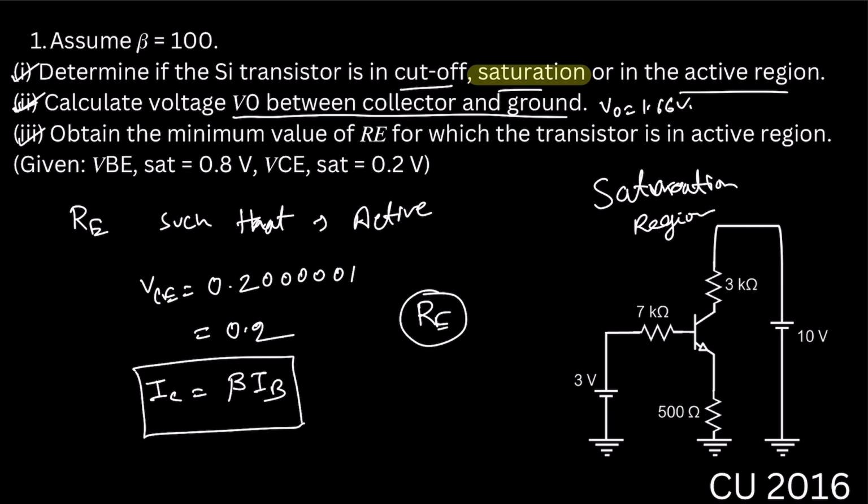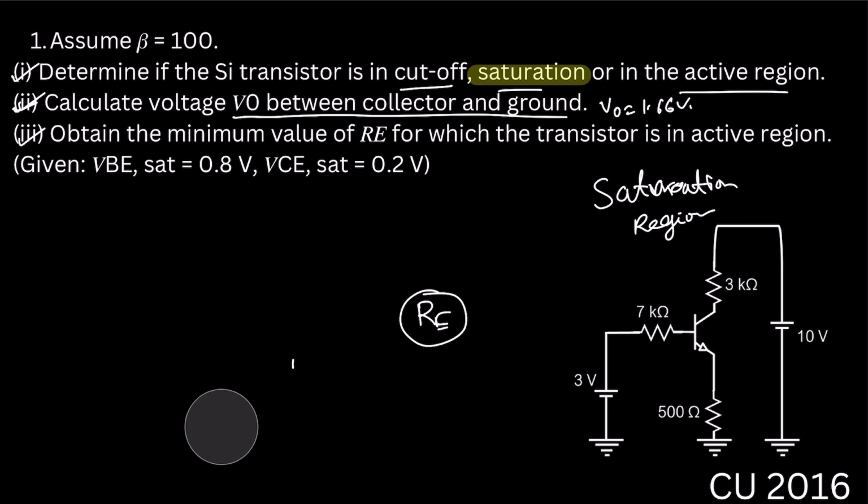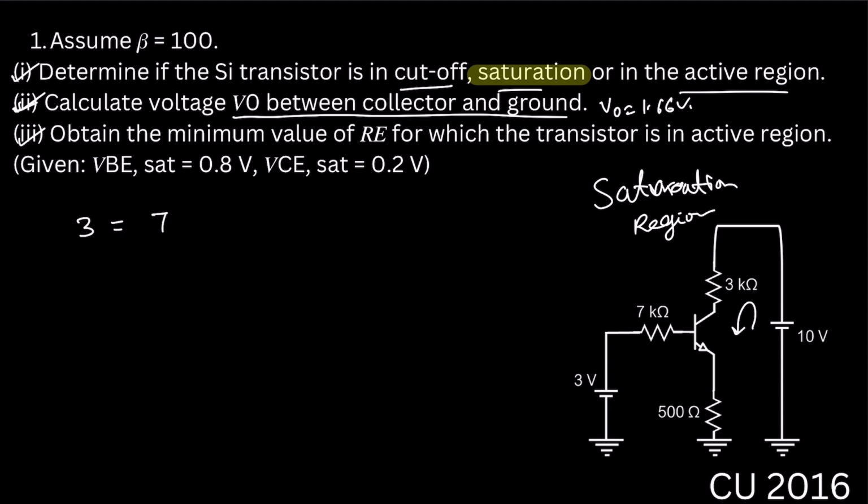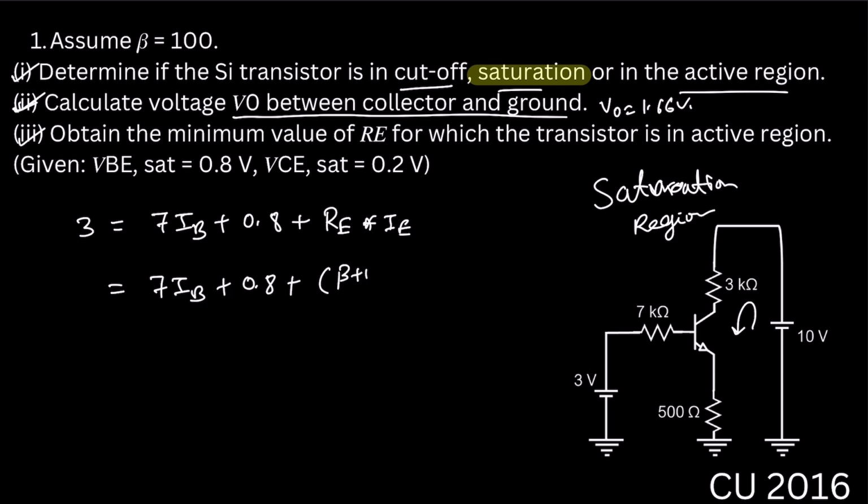Okay, so let's calculate. If we apply KVL at the input loop, we can write down 3 equal to 7 IB plus 0.8 plus RE into IE. It will be 7 IB plus 0.8 plus (beta plus 1) into IB into RE.